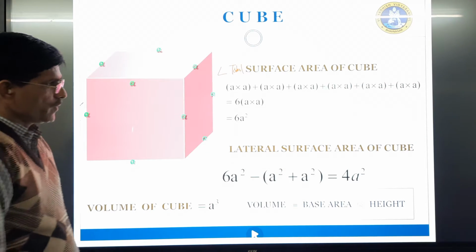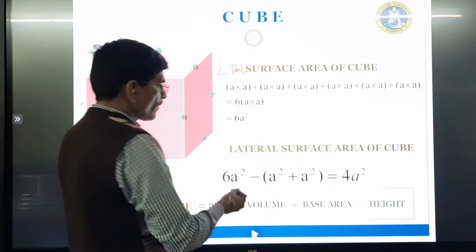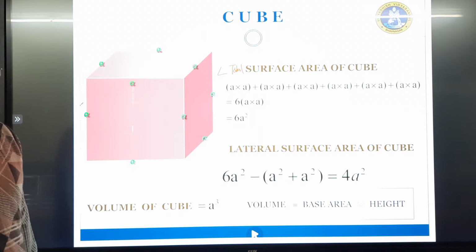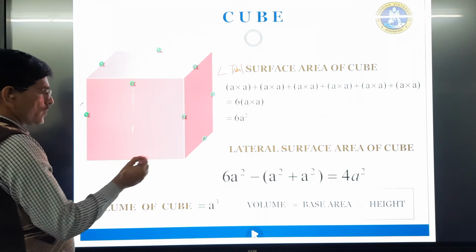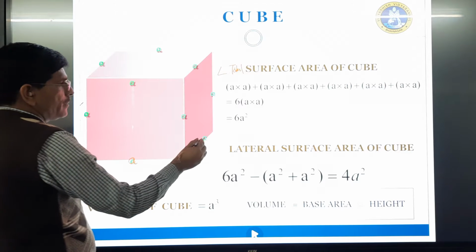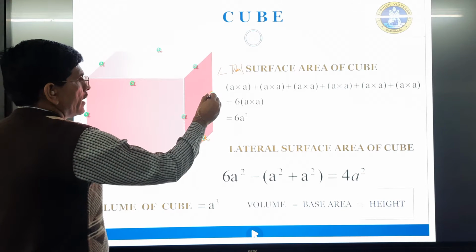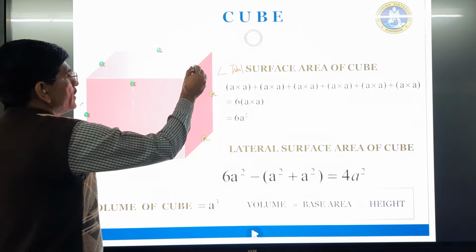What is the difference between lateral and total? In lateral, only 4 sides are taken. Here length, breadth and height are all the same.